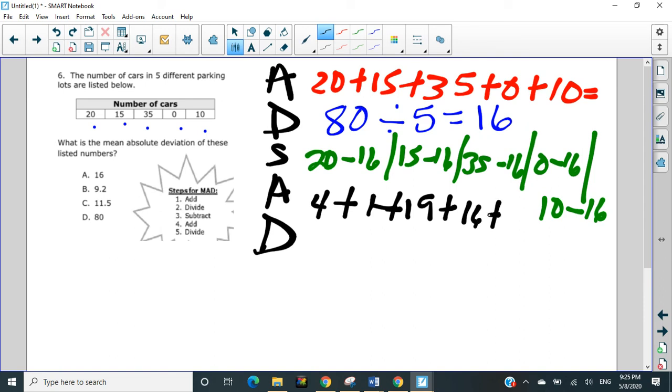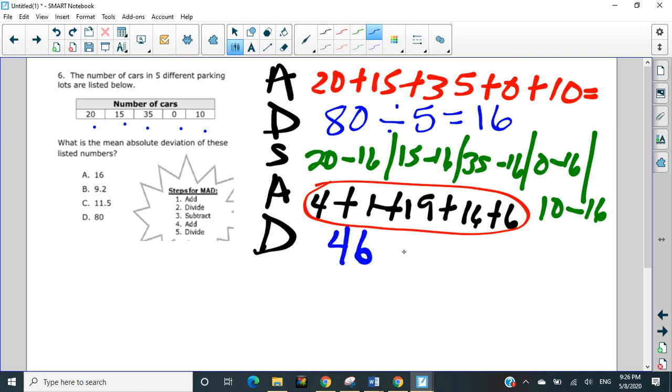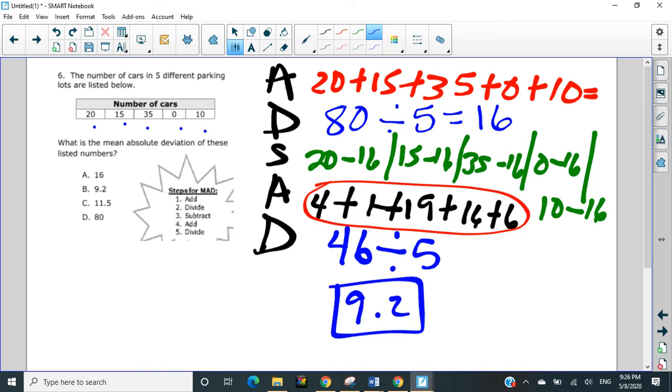Plus 10 minus 16, that's a 6. All we have to do now is add these numbers. And it's going to give me a total of 46 divided by 5. It will give you 9.2.